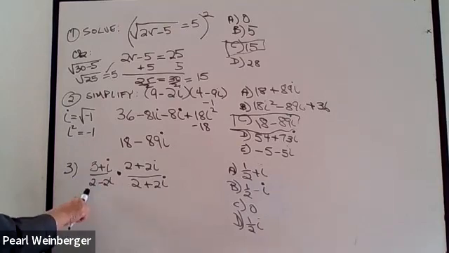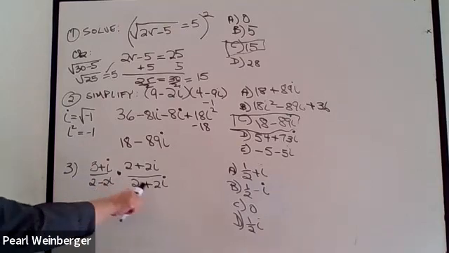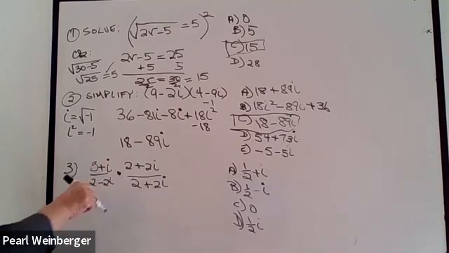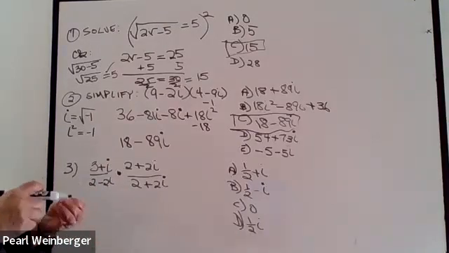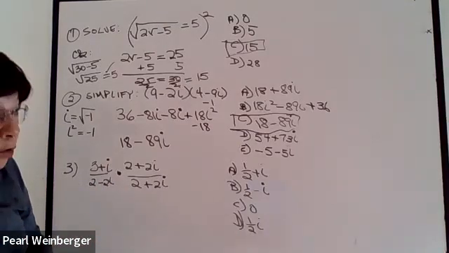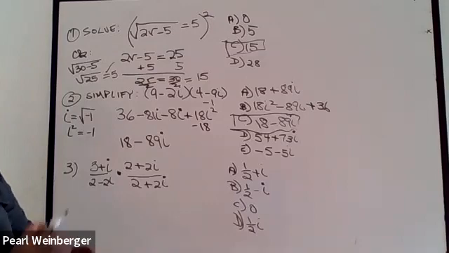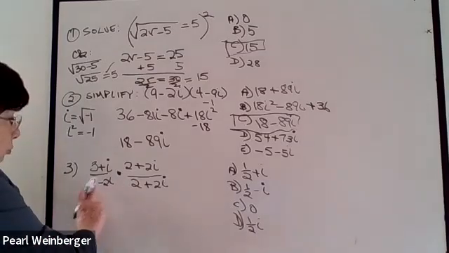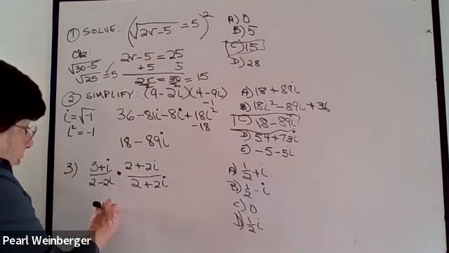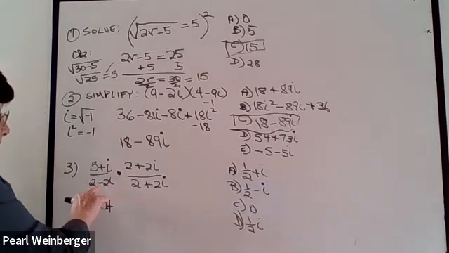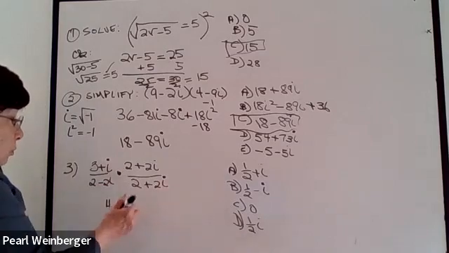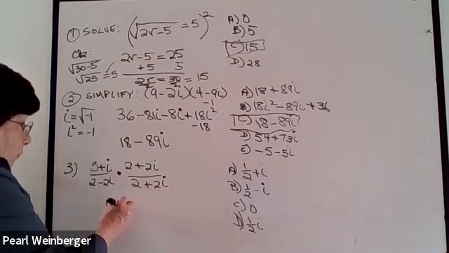Why is it easier? Because when you're multiplying conjugate binomials, the outer and inner terms of the binomials will always cancel out. So you really don't have to do the whole FOIL. You could just do first, 2 times 2, which is 4. And last, negative 2i times positive 2i, which is negative 4i squared.